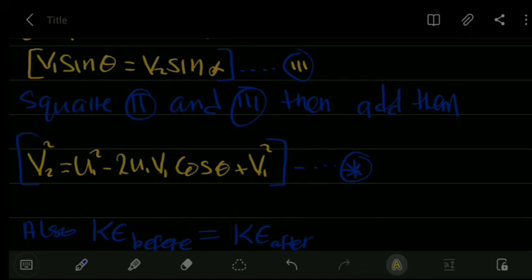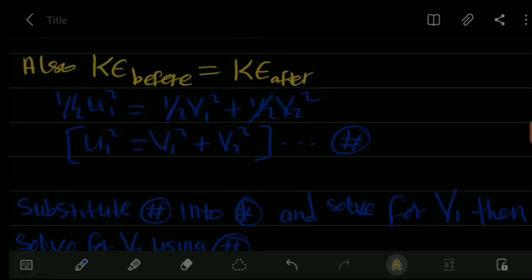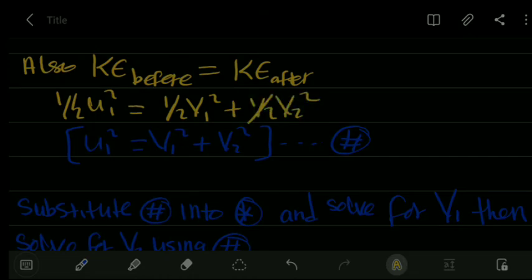Now we consider the conservation of energy. Since we are dealing with kinetic energy, we know that kinetic energy before must equal the kinetic energy after. Because the mass is identical, you don't have to keep showing it in the equation. So you only have half u1 squared equals half v1 squared plus half v2 squared.